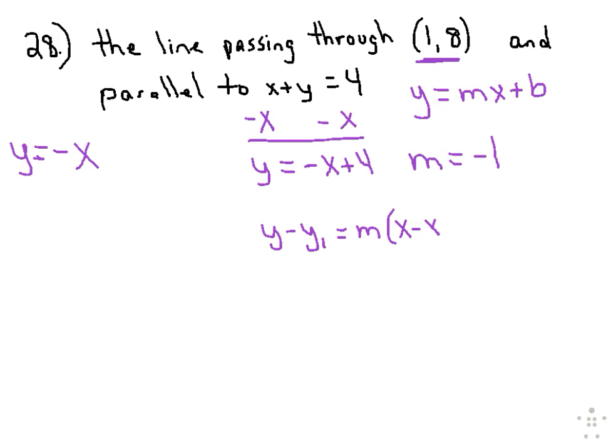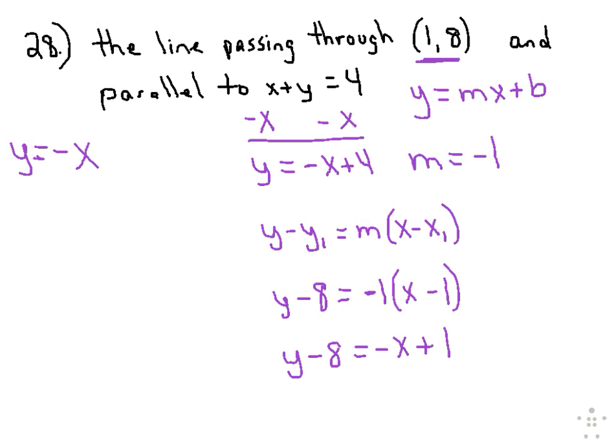So we got y minus 8 is equal to negative 1 times x minus 1, just using your point to plug in those numbers. Distribute, you got y minus 8 is equal to negative x plus 1.